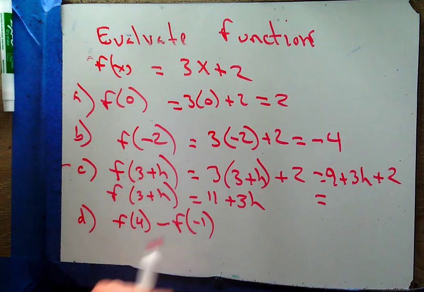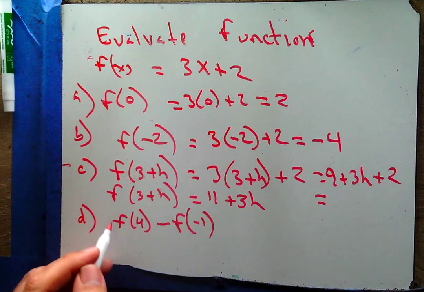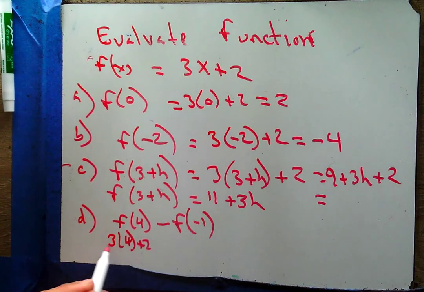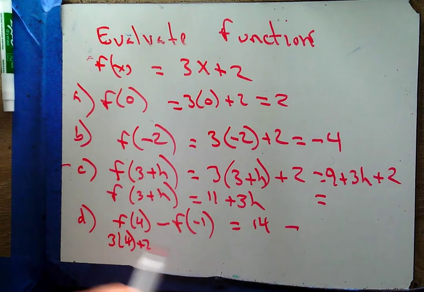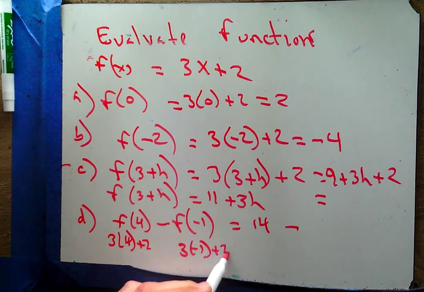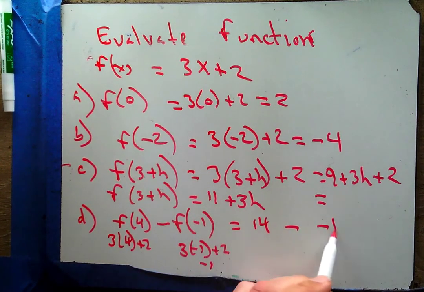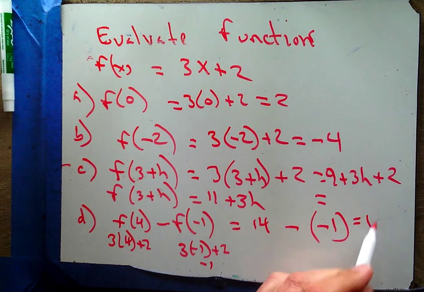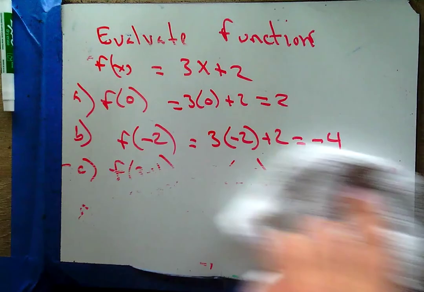Okay, so f of 4, 3 times 4 plus 2, that's 12 plus 2 or 14, minus f of -1. 3 times -1 plus 2 is -1. Don't forget this minus. So I end up with 15.